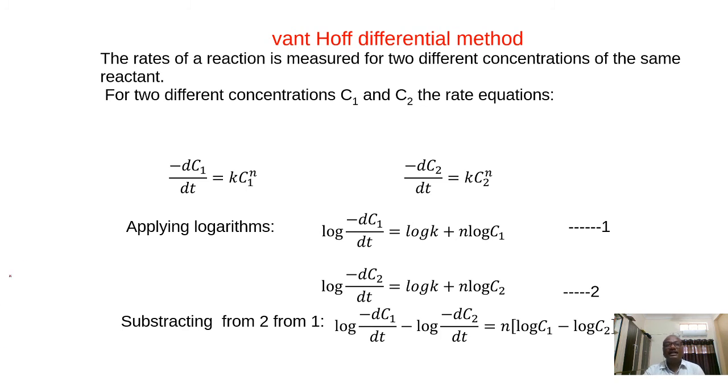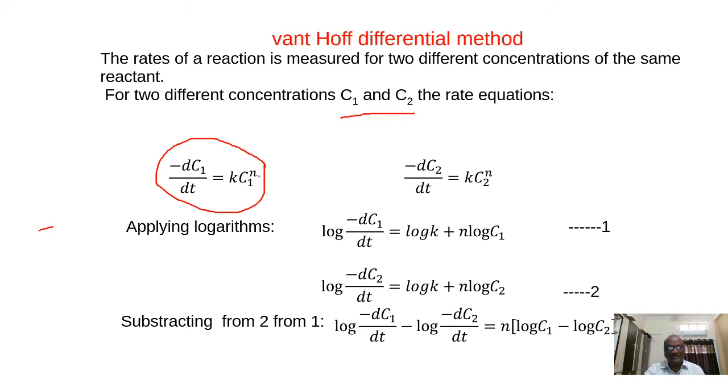So we are considering two different concentrations, C1 and C2. Let me write the rate equation for the reaction at C1 concentration and C2 concentration. For C1 concentration, it is minus dC1 by dt is equal to K into C1 power n, because n you have to identify.